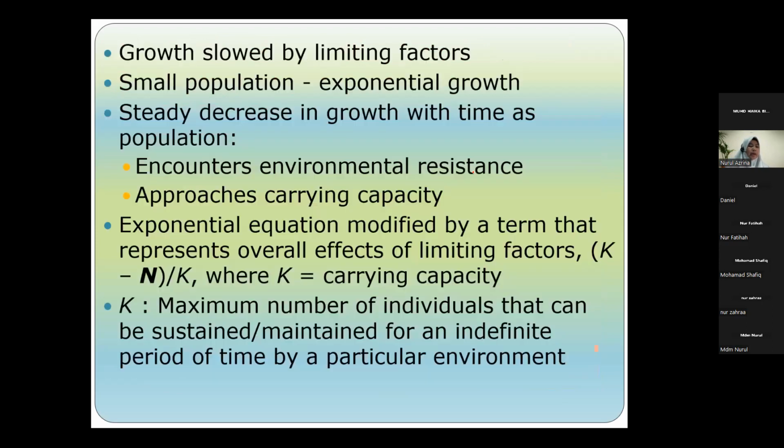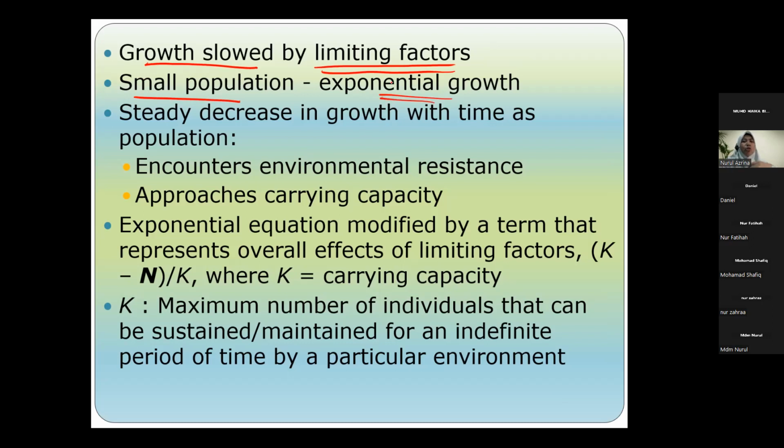Okay, all right. So, why is the curve forming an S shape, right? The population growth is slowed down due to limiting factors. So remember, there are so many limiting factors like nutrients, food, space, water, limitation of mates, whatever. Okay, so for a small population, the growth will be exponential.